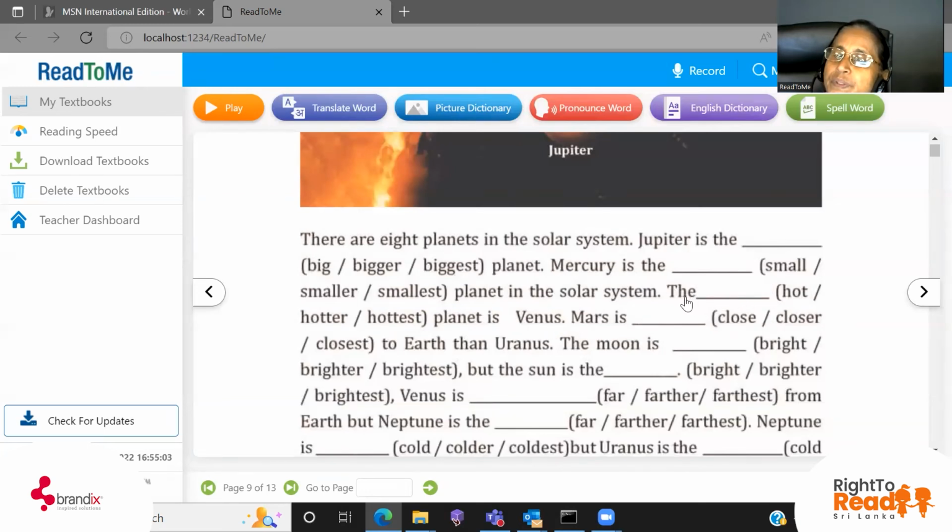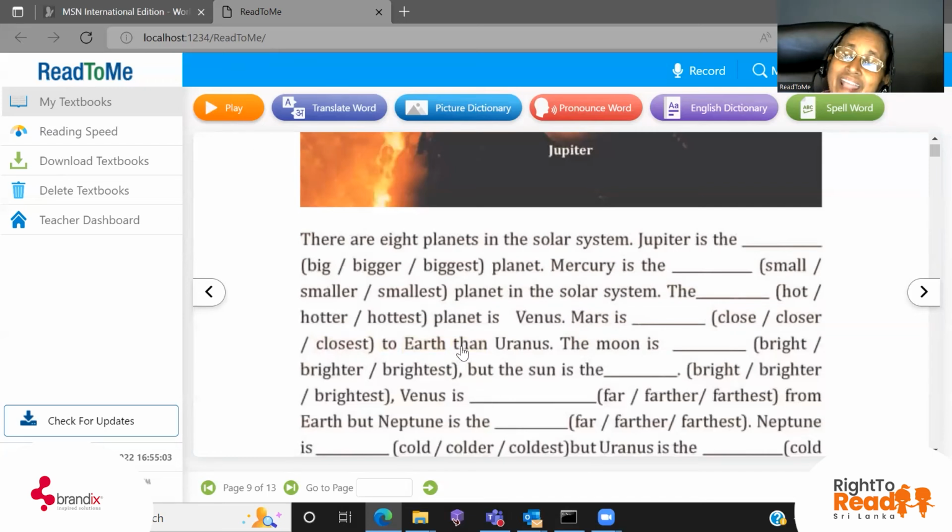The planet is Venus. Venus is the, what is the word? Superlative of the adjective hot. You can use that. Then Mars is closer to Earth than Uranus. Good. We find the word than.